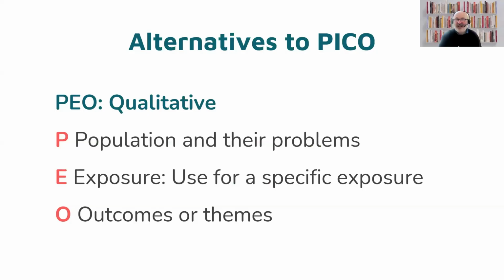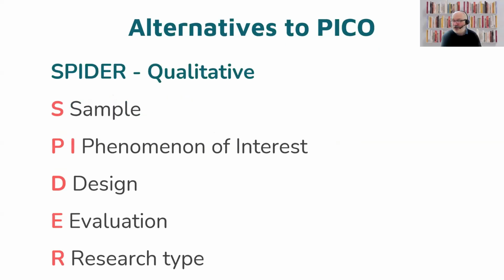And once again, PICO is not the only framework out there, and it may not always be suitable for your specific question. If your review is qualitative, you could consider PEO. That's population, the problems or exposure, and the outcomes or themes. SPIDER is qualitative also, and the S stands for sample, phenomenon of interest, design, evaluation, and research type.